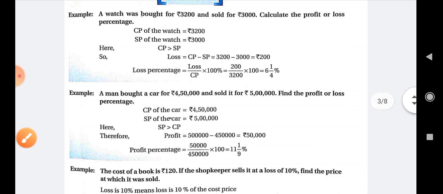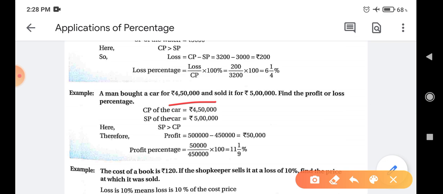Next question is, a man bought a car for 4,50,000 rupees and sold it for 5 lakh rupees. Find the profit or loss percent. We are given CP of the car and SP of the car. Here SP is greater than CP, so there is profit. Profit is equal to 5 lakh minus 4,50,000, which is 50,000.